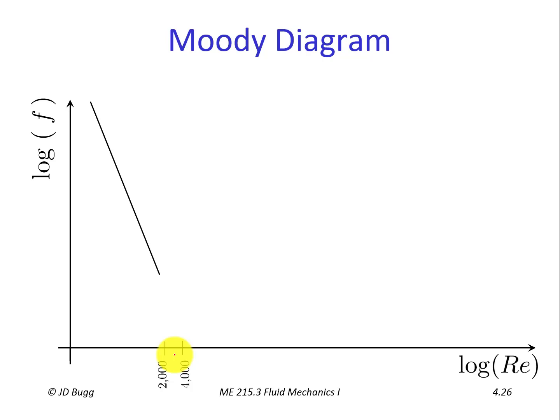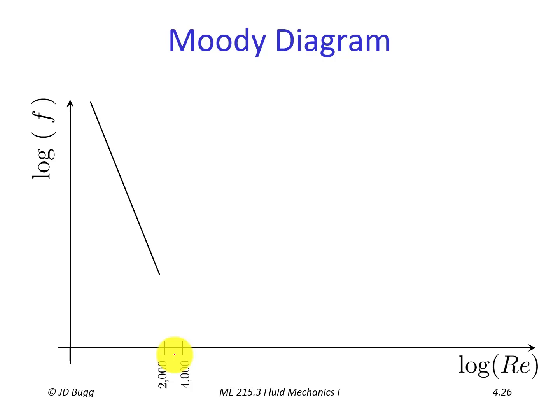A tiny little disturbance can trigger a flow to transition from laminar to turbulent. So there's a range of Reynolds number there where it's really, really difficult to predict. So the Moody diagram usually just shows that as a transition region.